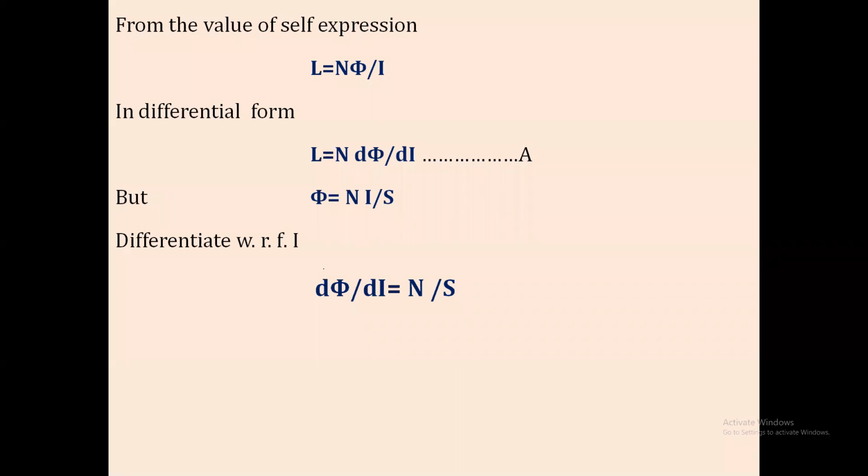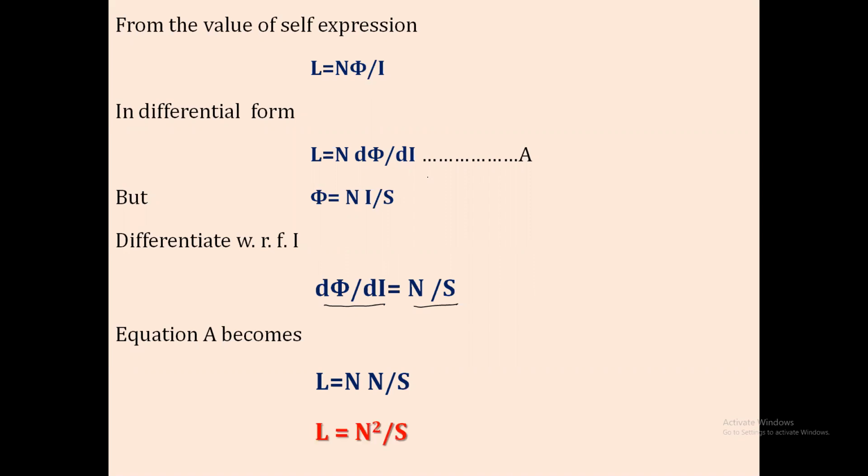It means that we have d phi by di equal to N upon S. Now if I put this in equation number A, it becomes L is equal to N into d phi by di, which is N by S. So the third form of self-inductance is nothing but N square upon S.